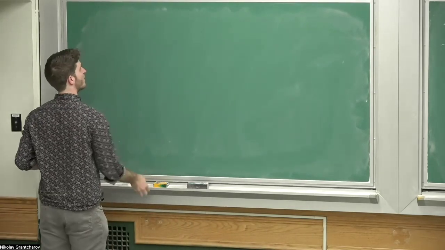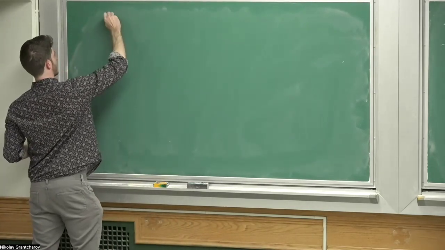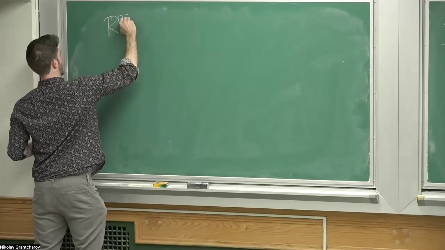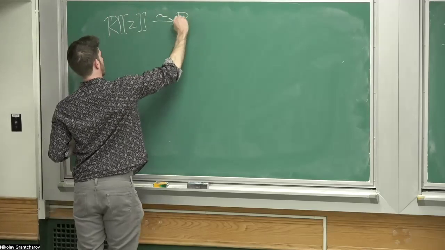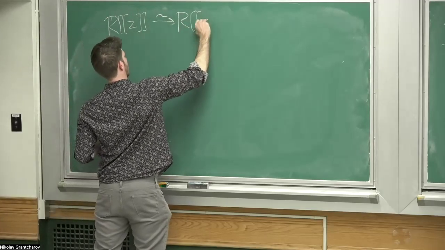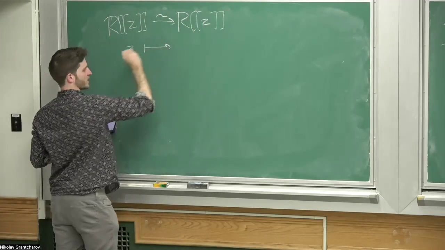Namely, if I have such an automorphism, the variable z goes to some other power series.